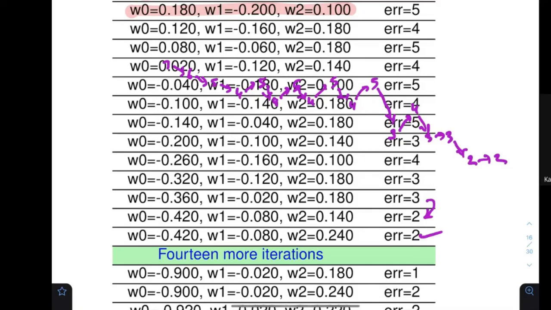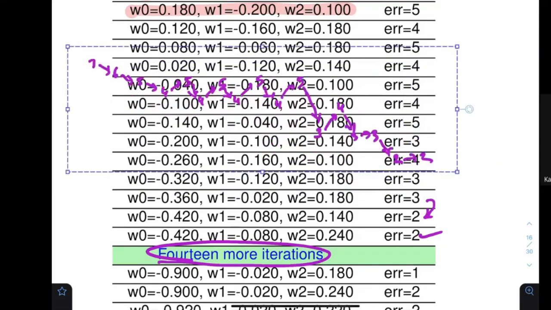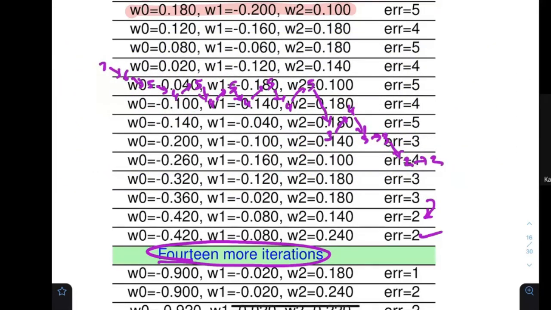Then after 14 more iterations on this particular data, actually I am doing all these things on this data only, after 14 more iterations it becomes 1 error.